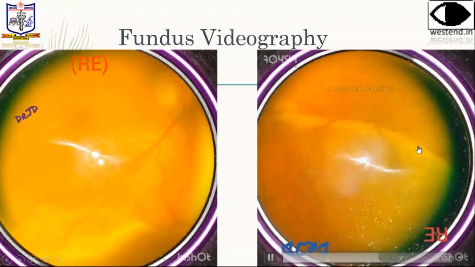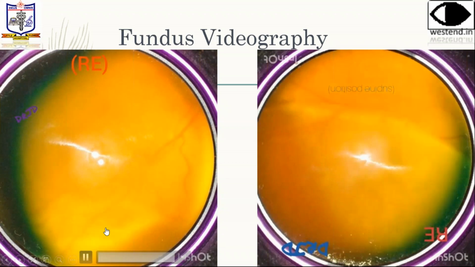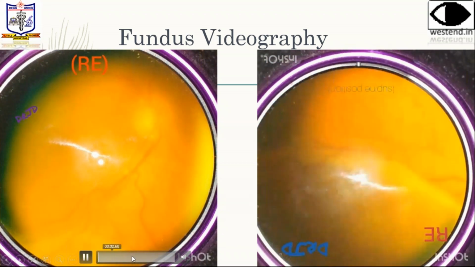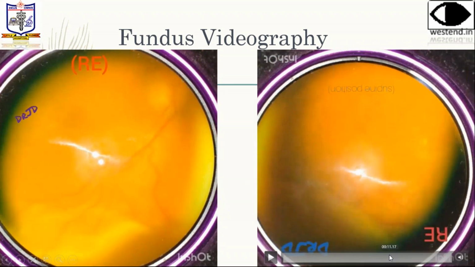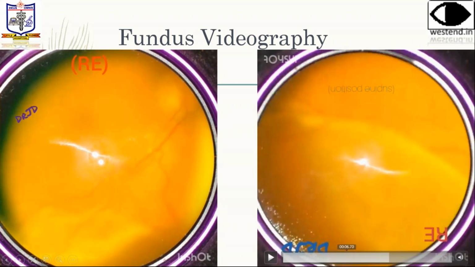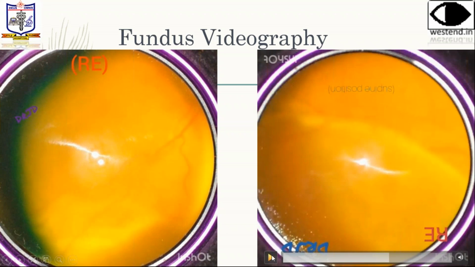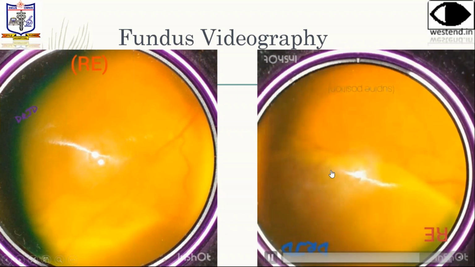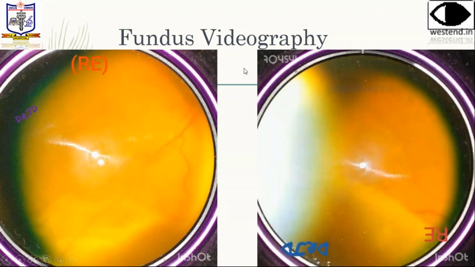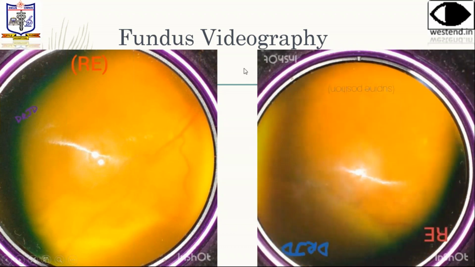On the right side, it's a patient in supine position. If you look closely, you can see a small retinal detachment inferiorly. On the video on the right, you can see the bullous retinal detachment which has occupied the entire space here. So this shows shifting fluid in exudative retinal detachment.